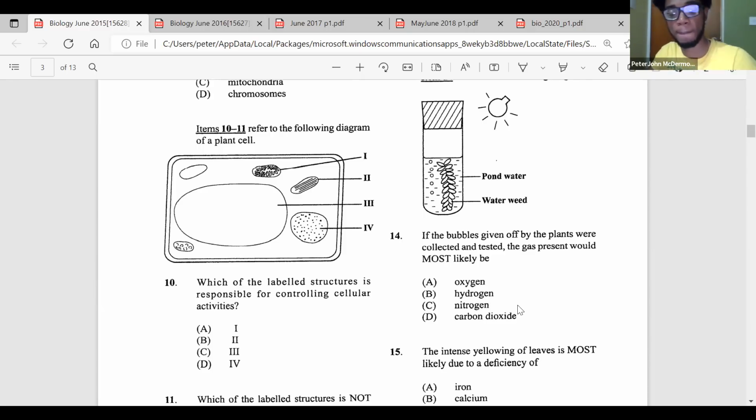Right, so we can continue. There's a reason why they said most likely, by the way. It's very important.